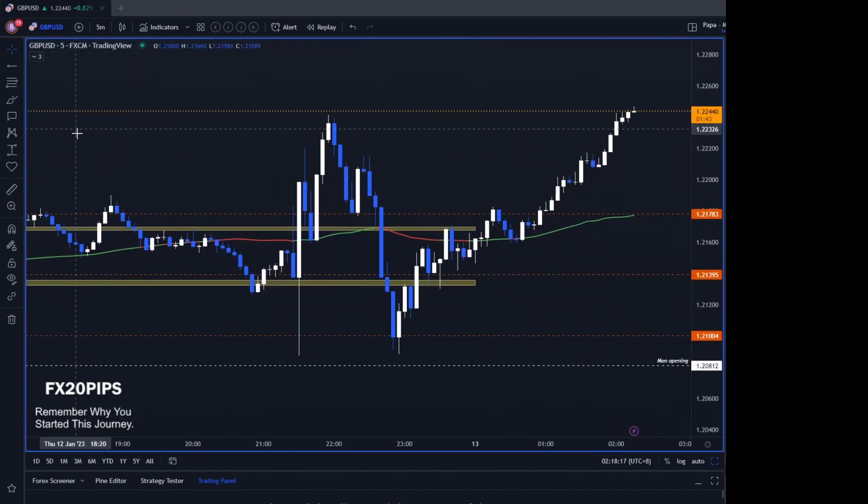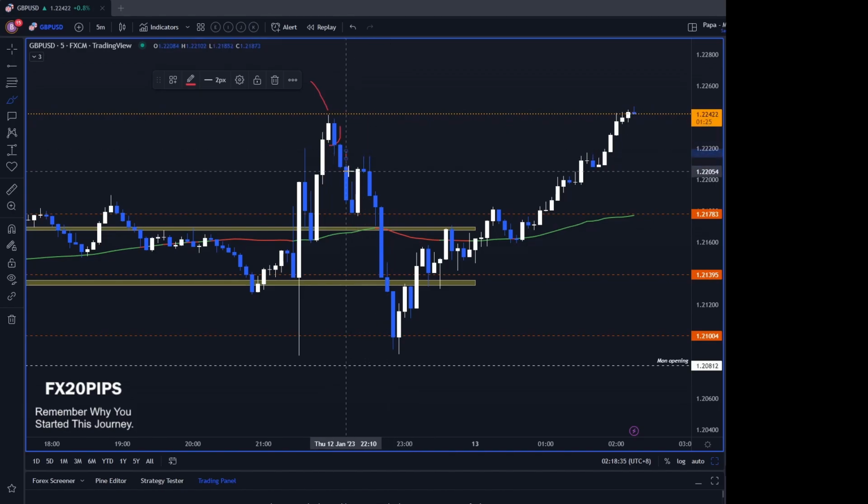Price went to the top, and then the next candle came down, and stopped here. And the next thing is I kept buying down.